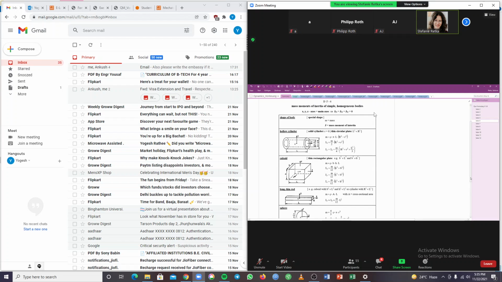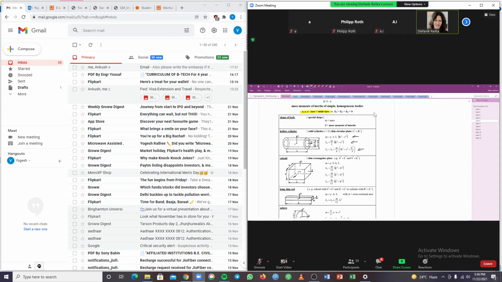So these mass moments of inertia stated in the table refer to an axis of rotation being the main axis. Okay. Then, for example, if we have a cylinder, we have the equation for the mass moment of inertia with respect to the x-axis and with respect to y and z axis, which are identical due to the symmetry of the object.